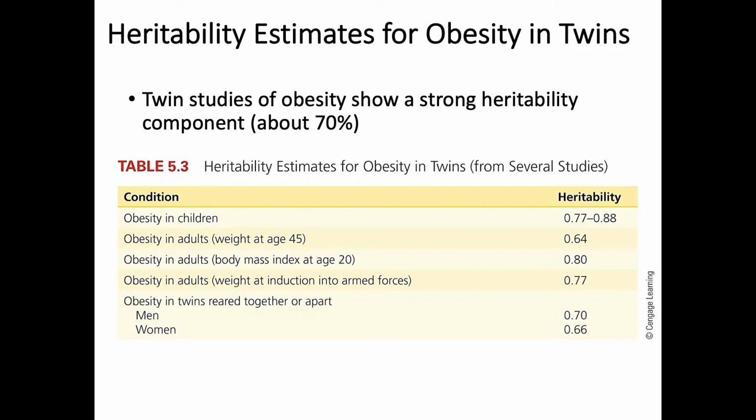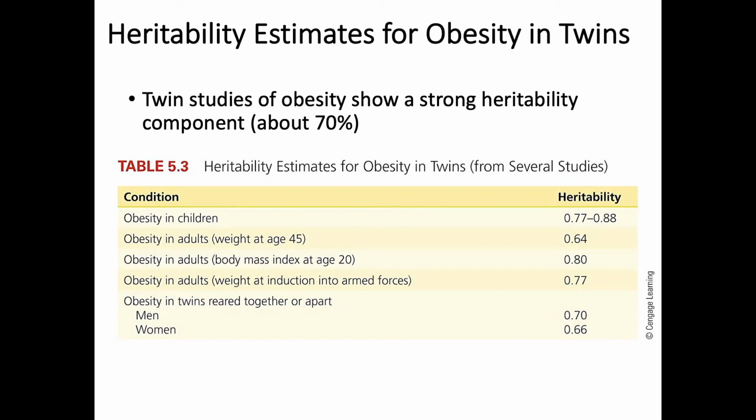This table combines several obesity studies in twins. Here, heritability is calculated. We learn that the higher the heritability, the less contributed by environment. When heritability equals 1, the trait is 100% controlled by genetic factors.